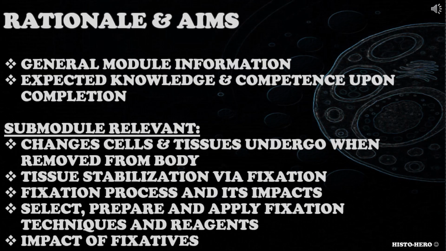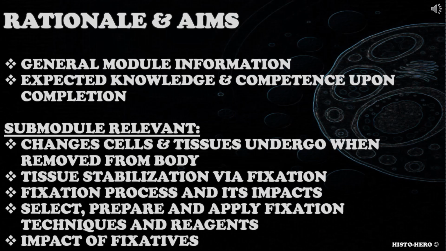Rationale and aims of this submodule outline the general information and expected knowledge and competence that needs to be achieved when this submodule is completed. These are relevant to each submodule. For the fixation submodule, the expectations are that the candidate will have understanding of the changes cells and tissues undergo when they are removed from the body, will have understanding of tissue stabilization via fixation and how different approaches can be employed to ensure optimal sample preservation.